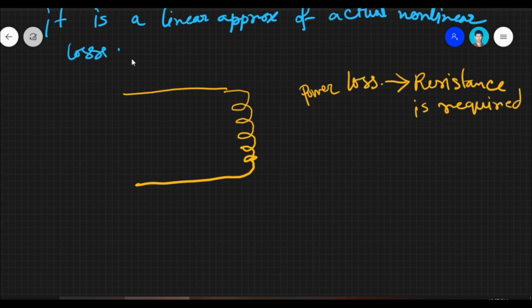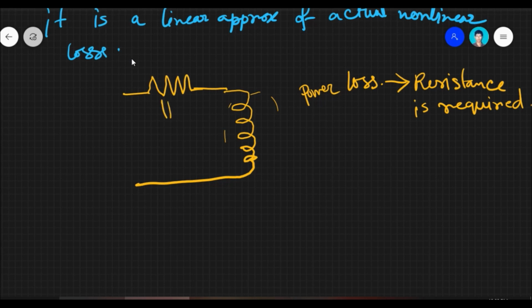So if resistance is required, then the obvious question will come, whether we should insert that resistance here. Now this is like an ideal coil.